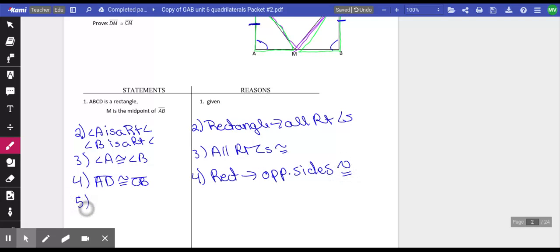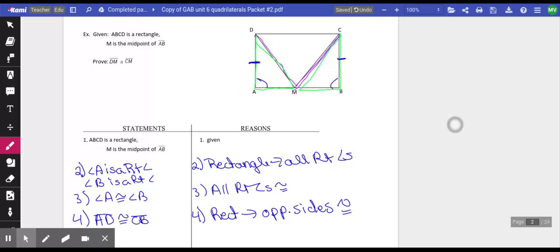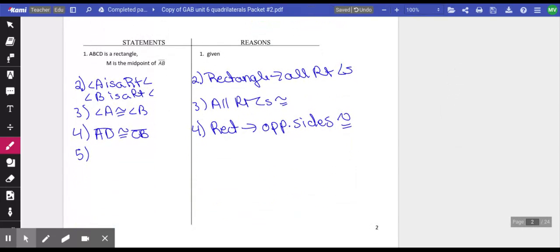And then lastly, I'm going to use the fact that they told me M is the midpoint of AB. So if M is the midpoint of AB, that means AM is congruent to MB. Definition of midpoint.